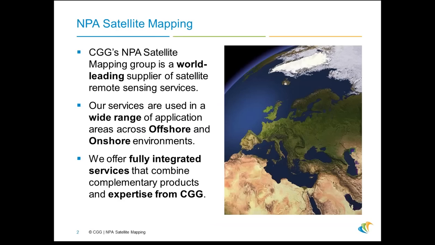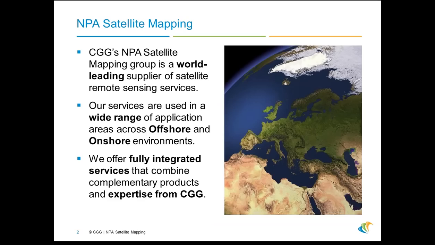So, NPA Satellite Mapping was founded in 1972. It was then purchased by Fugro in 2008 and subsequently by CGG in 2013. NPA's heritage has been focused on satellite mapping and value-added data service provision, with the company being set up shortly after the launch of Landsat-1.